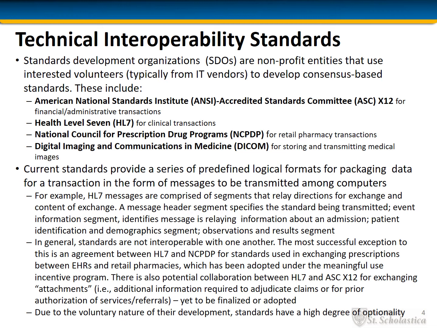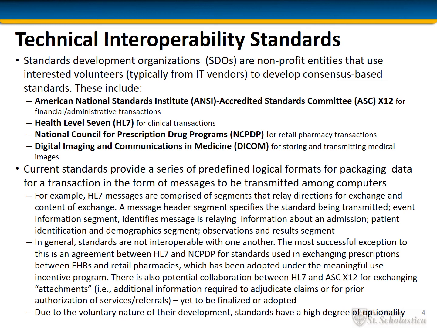In general, standards are not interoperable with one another. The most successful exception to this is an agreement between HL7 and NCPDP for standards used in exchanging prescriptions between EHRs and retail pharmacies, which has been adopted under the Meaningful Use Incentive Program.